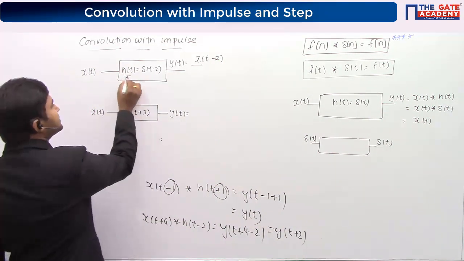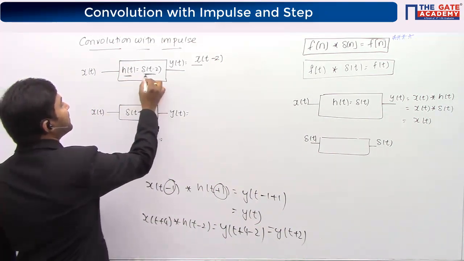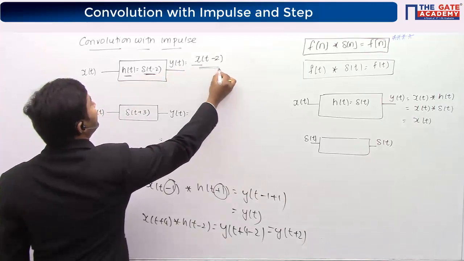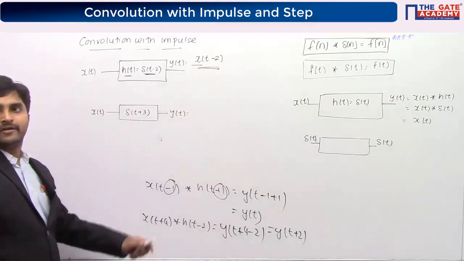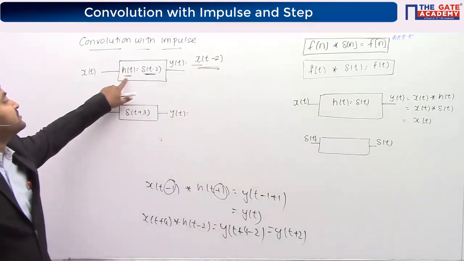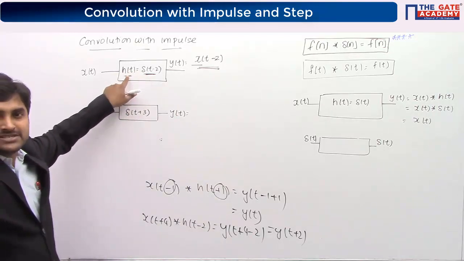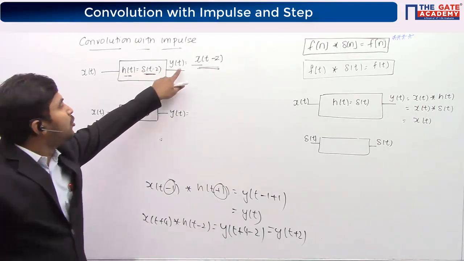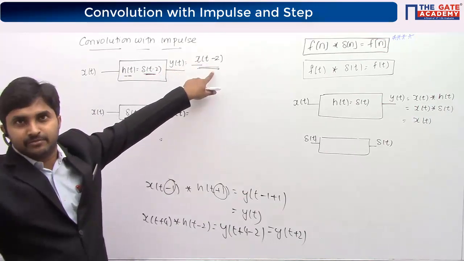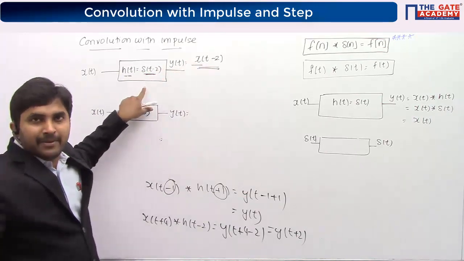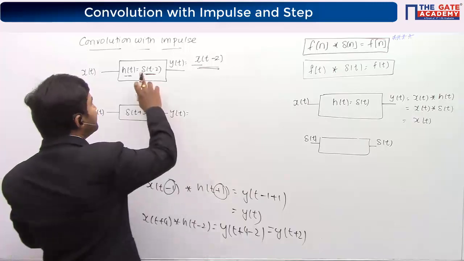So if the impulse response is a delayed impulse, then the output will be the delayed input. What is the meaning of this?